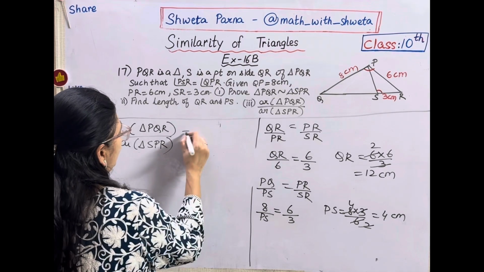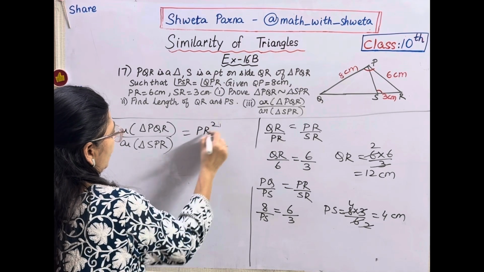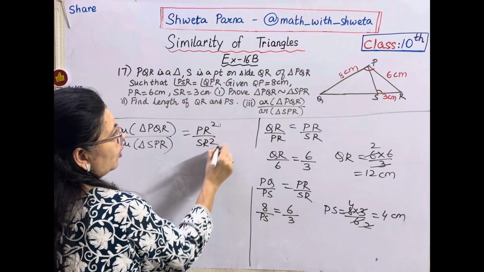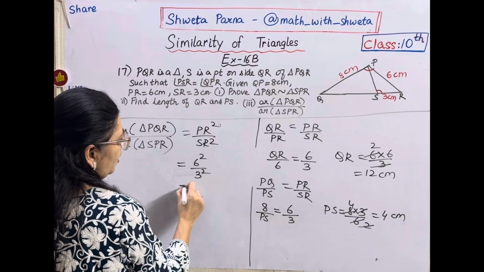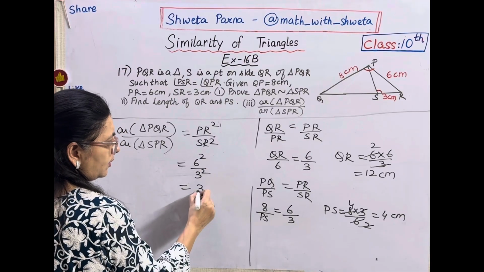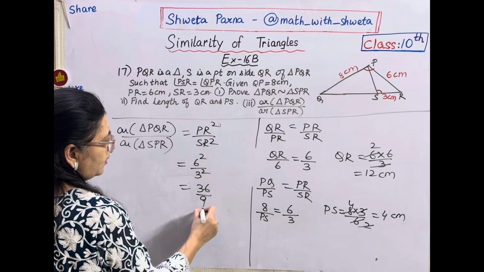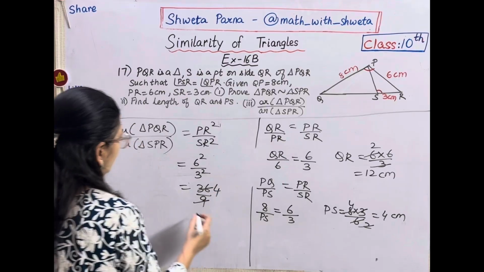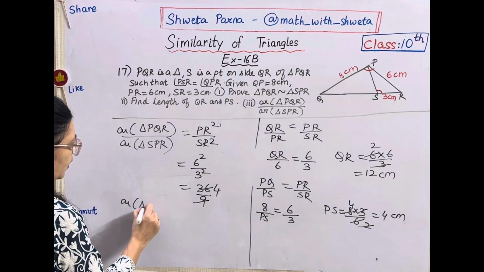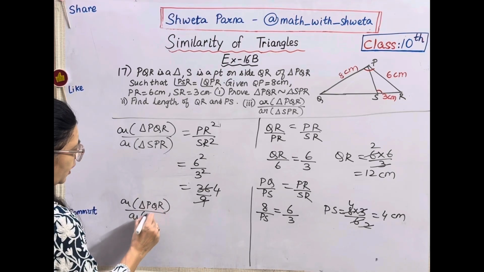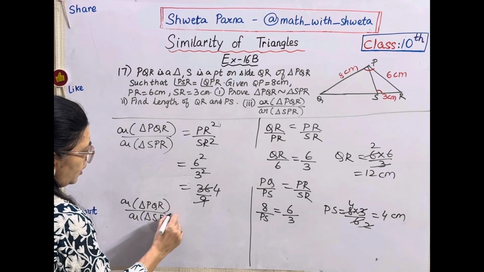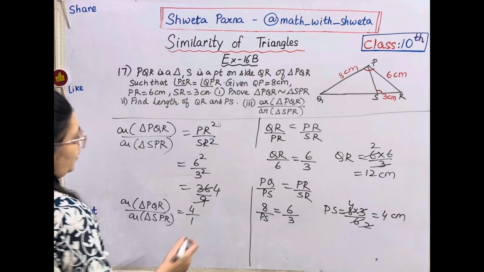So here let's take PR square upon SR square. What is PR? 6 square, and SR is 3 square. 6 square is 36, 3 square is 9, so it is 4. So area of triangle PQR upon area of triangle SPR is 4:1.